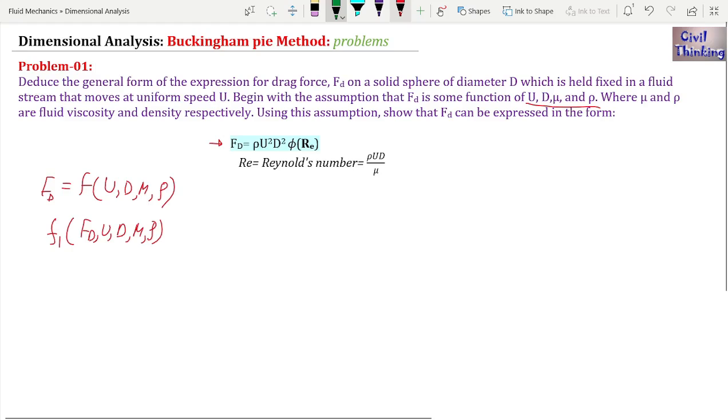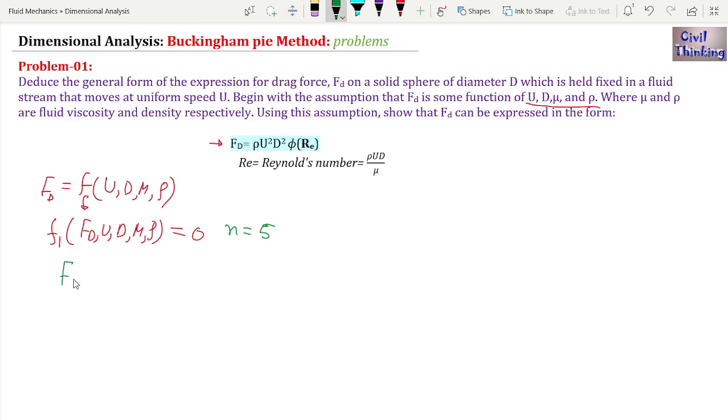Let me first write that, because drag force is a function of this, so when we convert it into a zero function, it is going to be equal to 0. Again here 1, 2, 3, 4, 5. The number of variables n is 5. Now what are the dimensions?